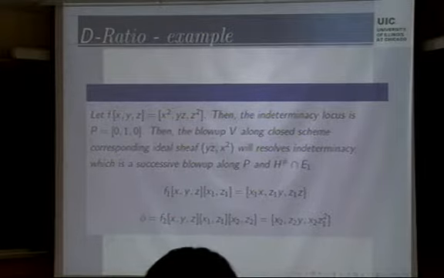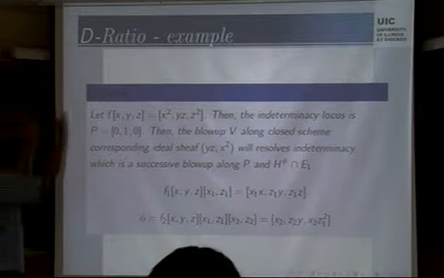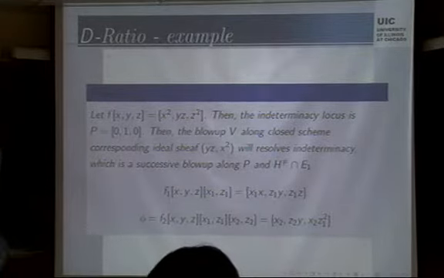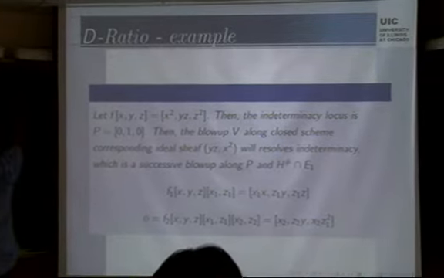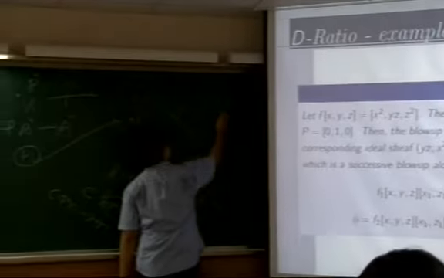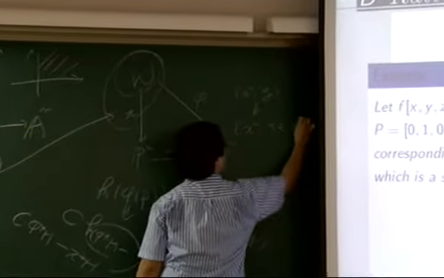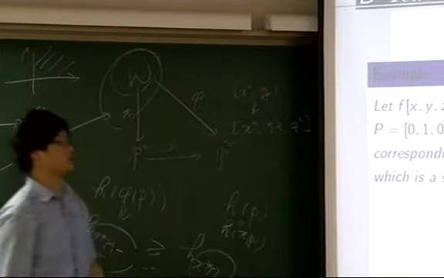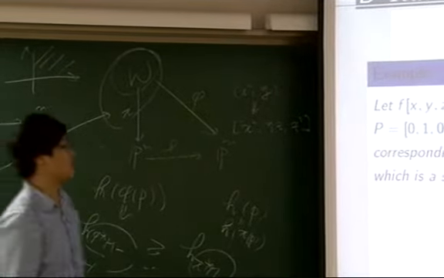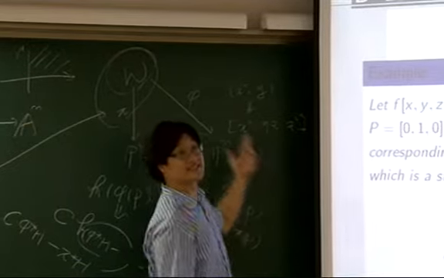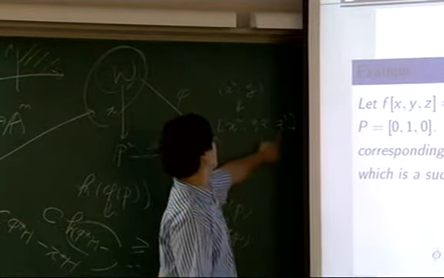For example, let me choose a rational map like this. Actually, that's the rational map which comes from an affine map defined like x squared and y. Then its homogenization says we have such a rational map on P2. Then we know the indeterminate locus is the common zeros of your 3 parts.